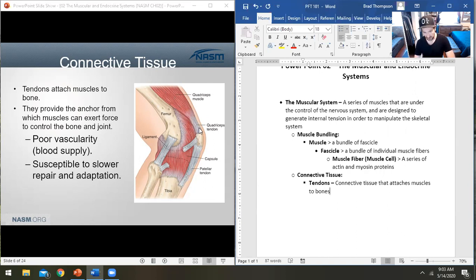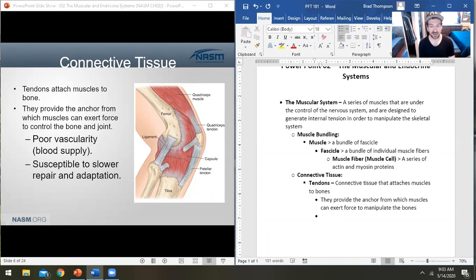It comes down and ends by inserting into a bone, right? Their main job here, and you can see we got a little sub note here, is to provide the anchor from which muscles can exert force to manipulate the bones, right? This is actually where your muscles are attaching.